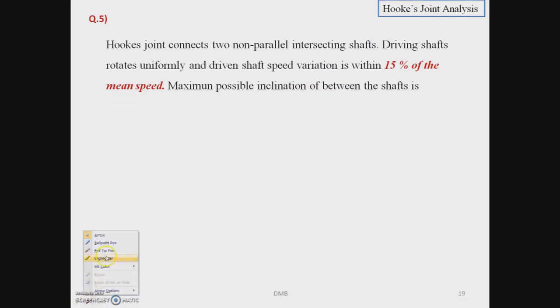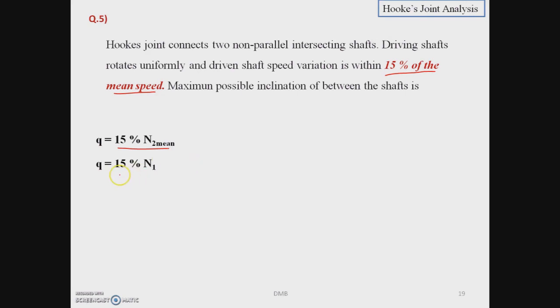So we have Q equals 15% of the mean speed. Speed variation of the output shaft is 15% of its mean speed. So Q equals 15% of the mean speed of the output shaft. This equals 15% of the speed of the input shaft, because we know that N2 mean is equal to N1.